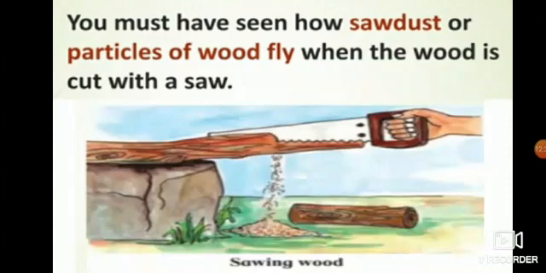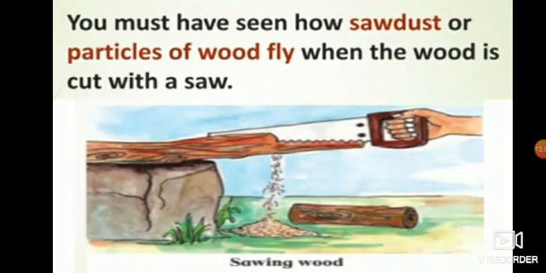Yes. So what happens? Here in this image there is a person who is cutting the wood with the help of the saw. Okay? And you can see that the sawdust is falling down. Can you see that the sawdust is falling down?